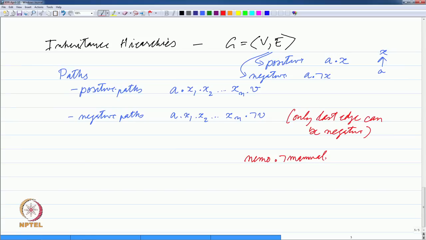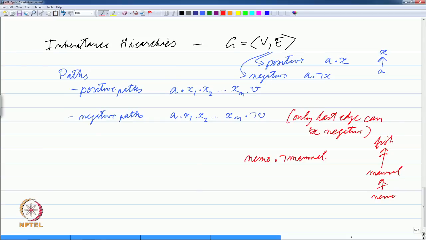So, I have a network in which I have mammals, then I am saying Nemo is not a mammal, and then I have another thing which says, let us say, fish essentially.